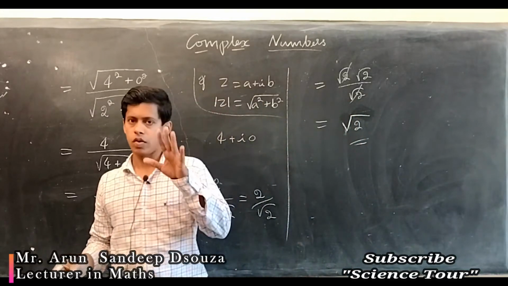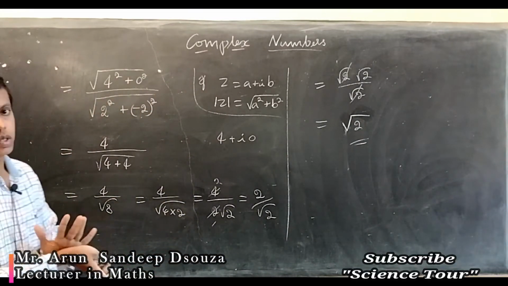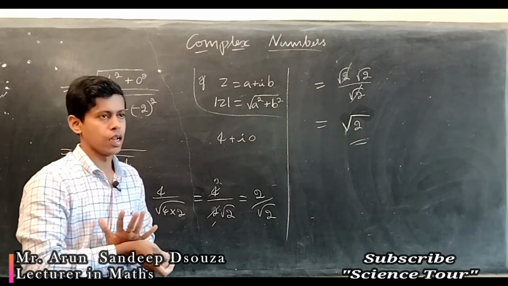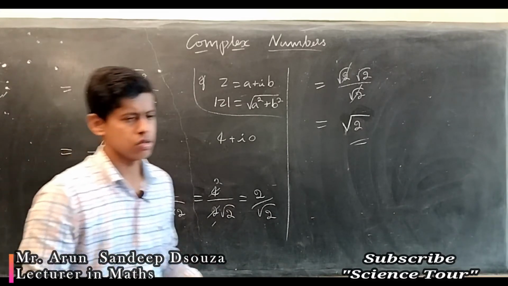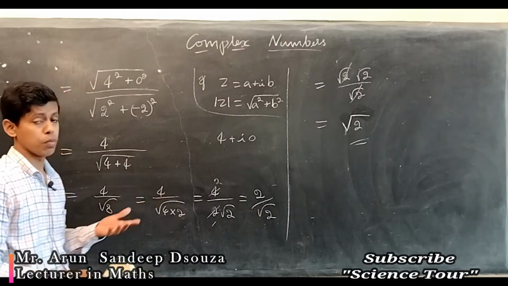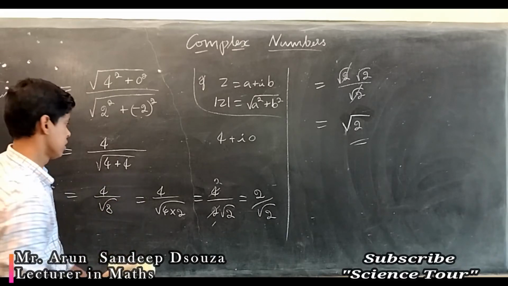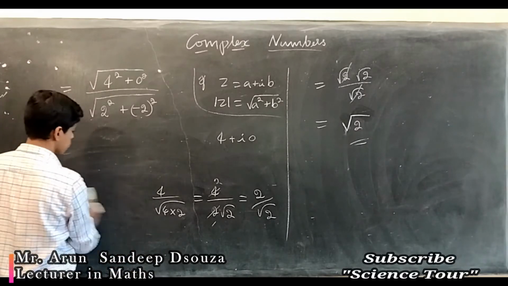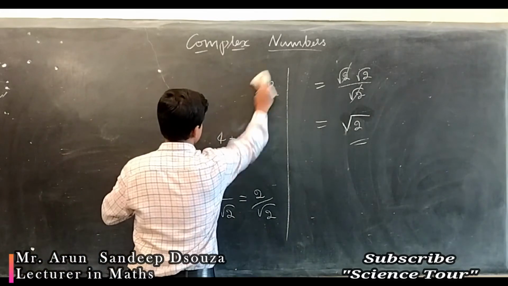So square root of 2 is the final answer of this particular question. Note this question, very simple one. Just by looking at the given term you cannot predict that the question will be very complicated. Once you attempt it, it will be easy for you. Let's move on to the next question.